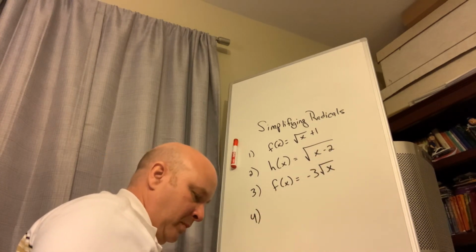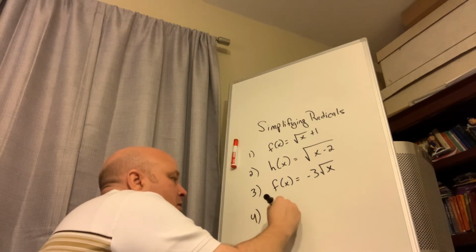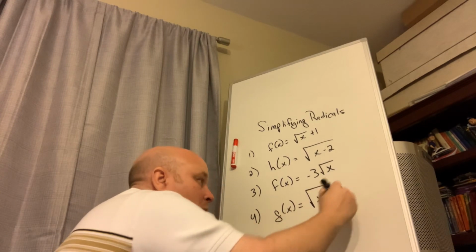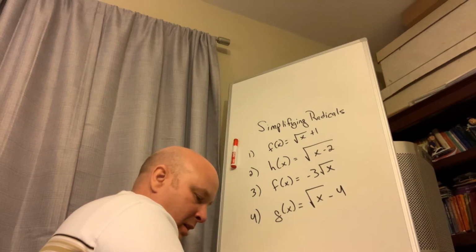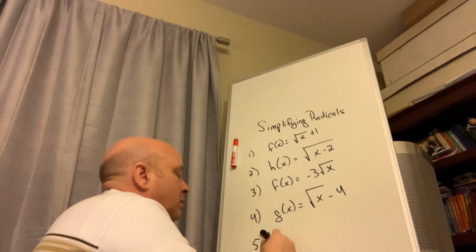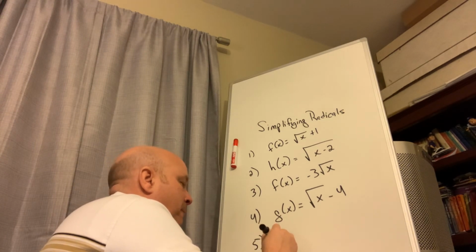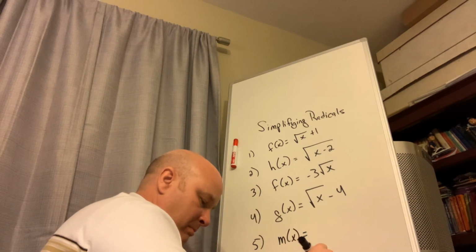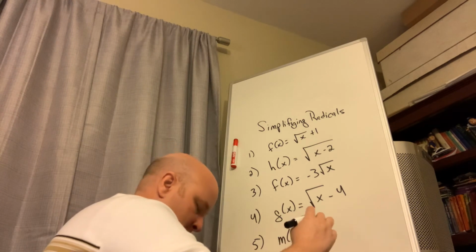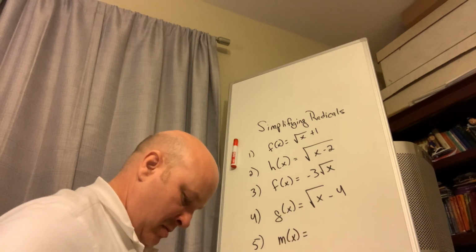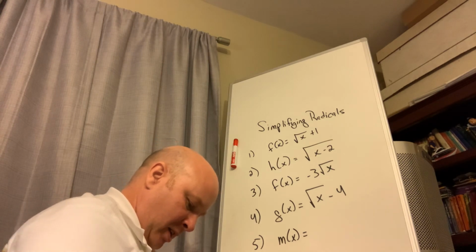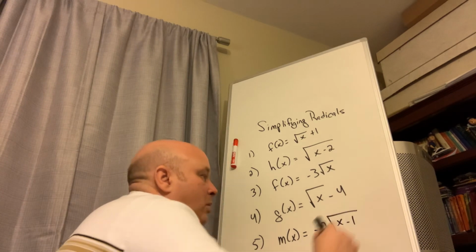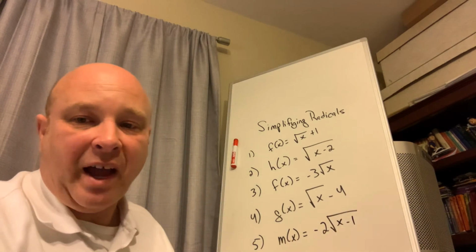Number 4, the g of x equals the square root of x minus 4, and let's do one more, and we will say the m of x equals, let's do one here that looks more interesting. How about negative 2 times the square root of x minus 1? All right, so those are your 5 problems.